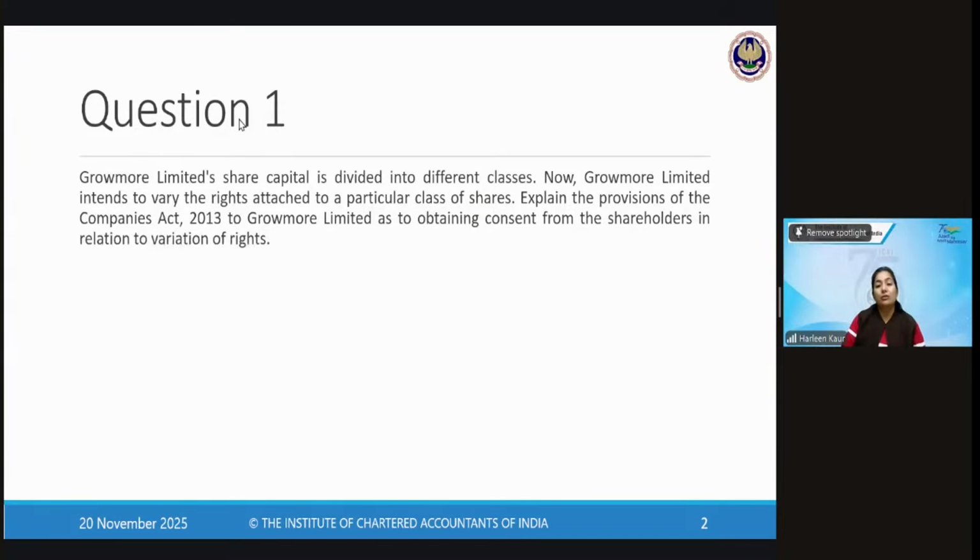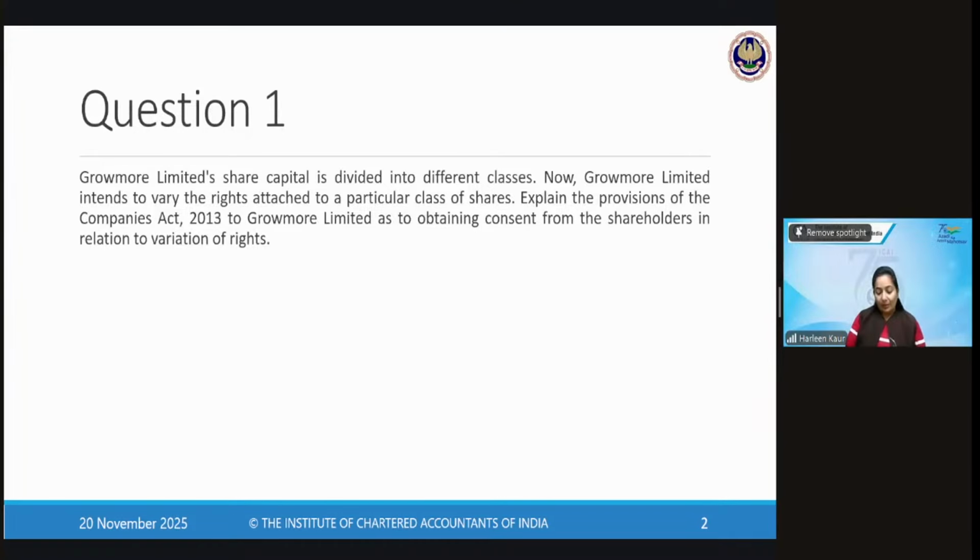Now, the first question there in front of you on the screen: Growmore Limited's share capital is divided into different classes, and now it wants to vary the rights attached to a particular class of shares. Explain the provisions of the Companies Act to Growmore Limited for obtaining the consent from the shareholders with respect to such variation of rights.